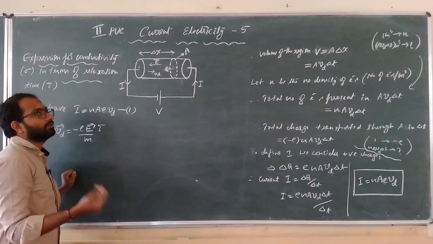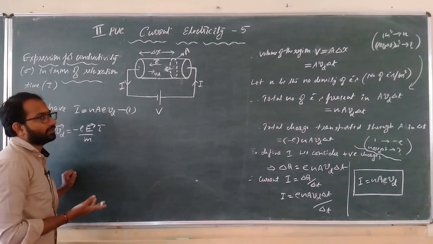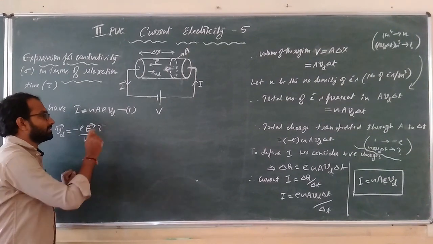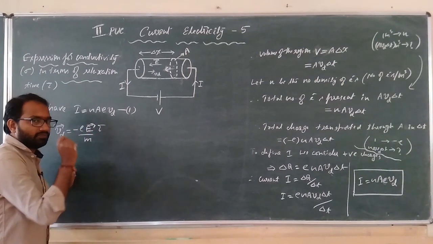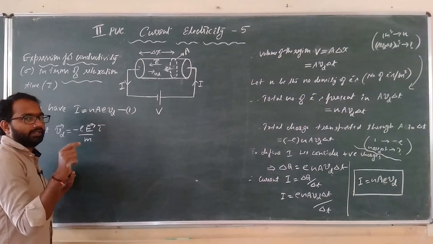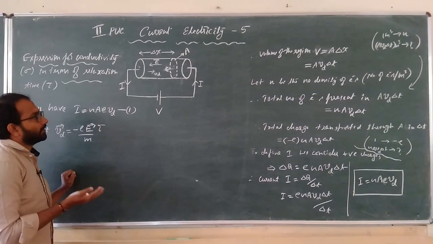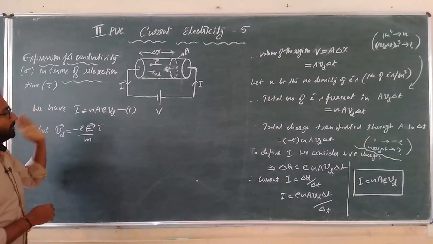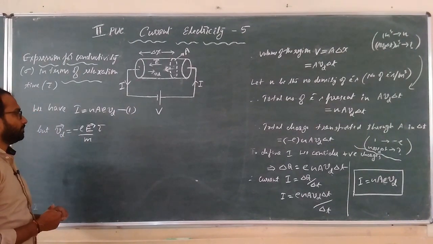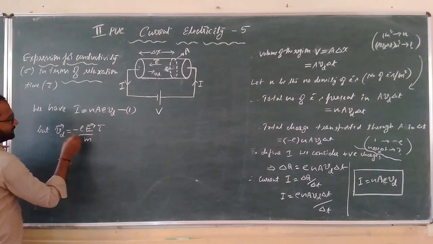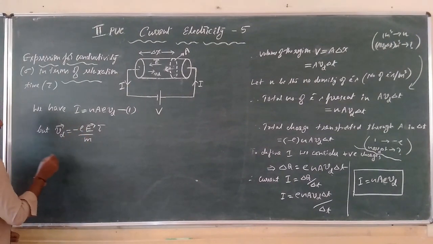As I told, around 10 to the power of 28 to 29 electrons are present per unit volume. Even though the relaxation time is very small and drift velocity is very small, 10 to the power of minus 5 meter per second, a large current is produced. So v_d is equal to minus e E tau by m.